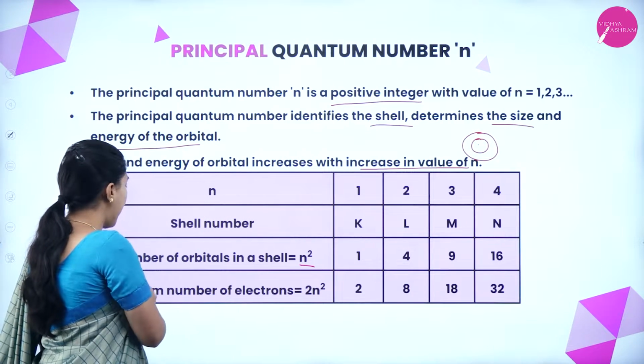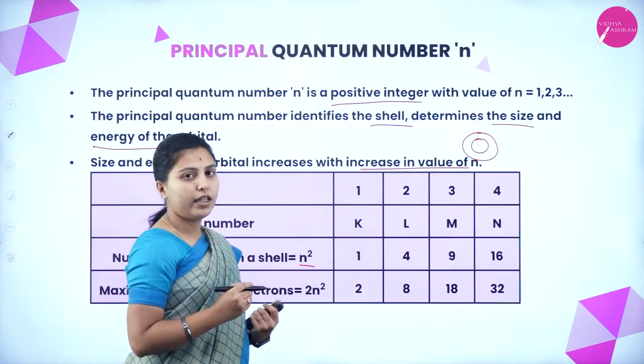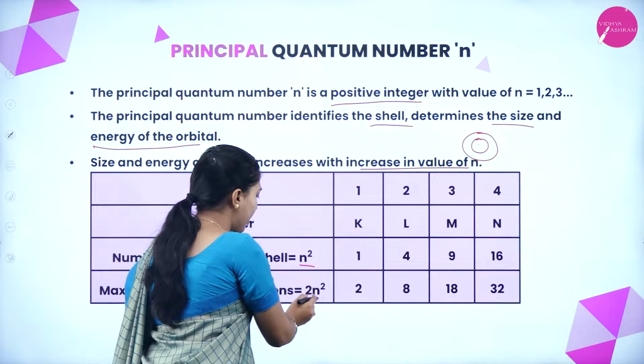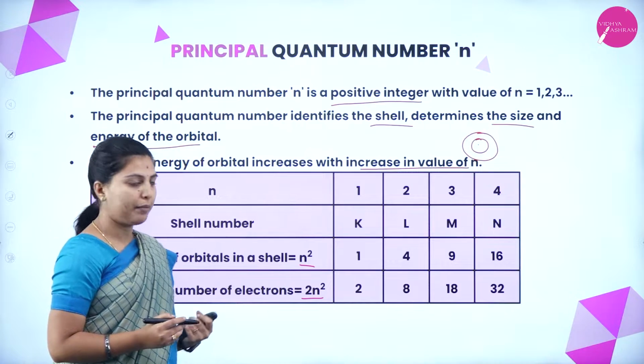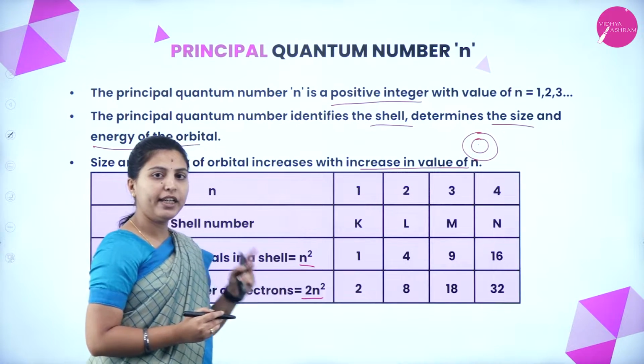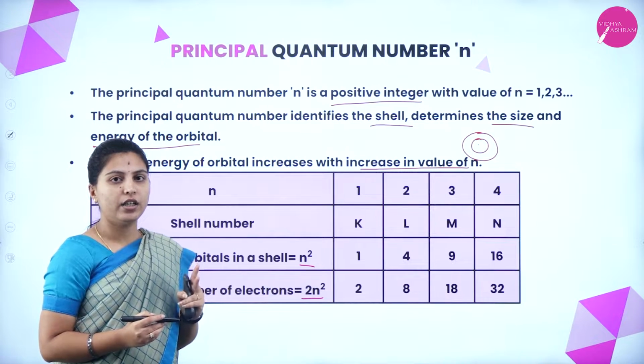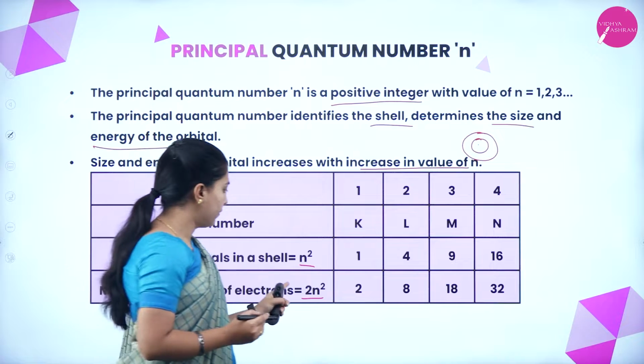Then, the maximum number of electrons that can be accommodated is calculated by 2n square, meaning whatever n square we have taken will be multiplied by 2, as each orbital can contain 2 electrons.